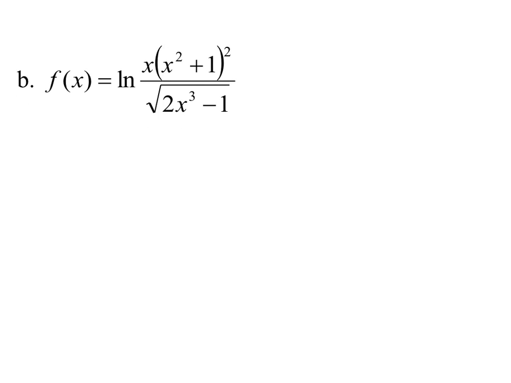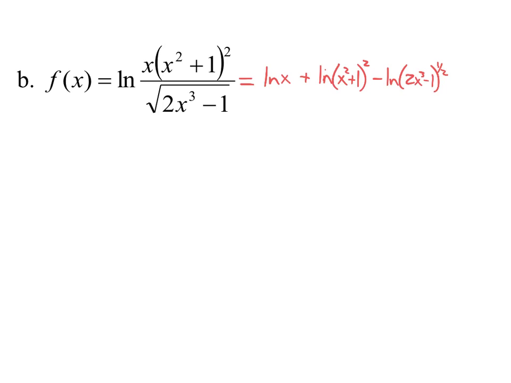Where did we start out today? We started out with expanding a logarithm into multiple logs. That's what I'm going to do right here. I'm going to make this ln of x plus ln of x squared plus 1 quantity squared minus ln of 2x cubed minus 1 to the 1/2.